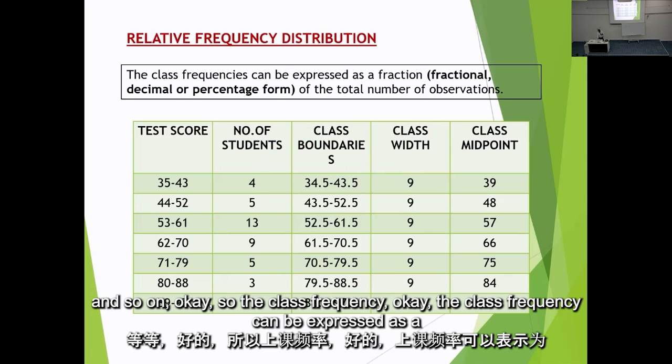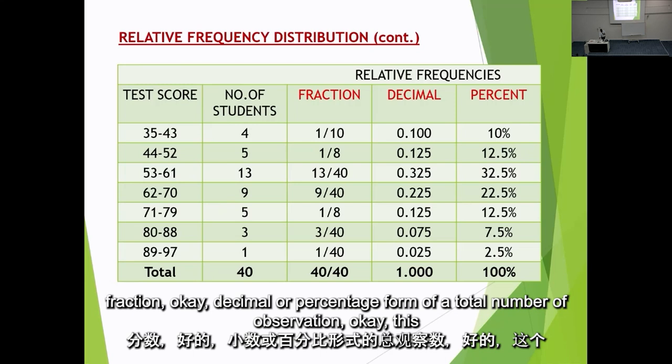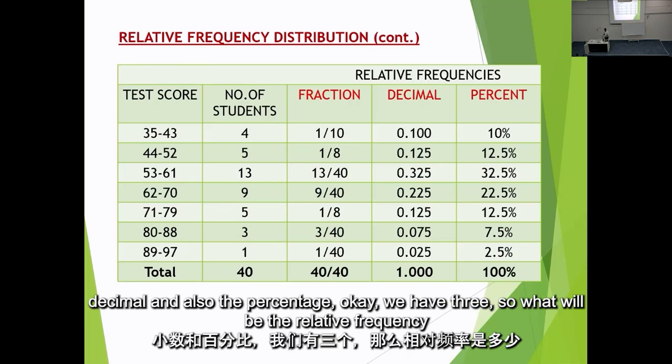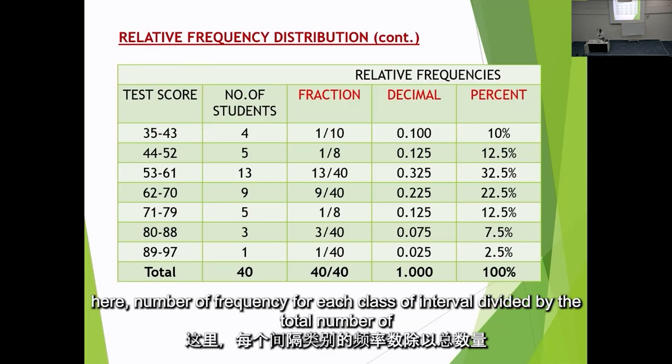The class frequency can be expressed as a fraction, decimal or percentage of the total number of observations. We also have the relative frequency for this one, which you can write in terms of fraction, decimal, and also percentage. So what will be the relative frequency here?